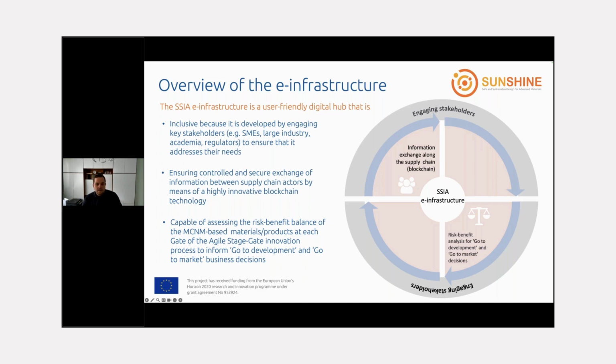It includes a tiered approach to assess safety, functionality, and sustainability of the advanced materials and related products at each gate of the agile stage gate innovation process to inform go-to-development and go-to-market business decisions.